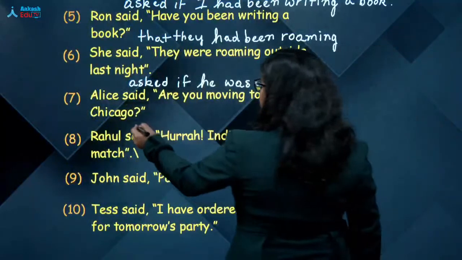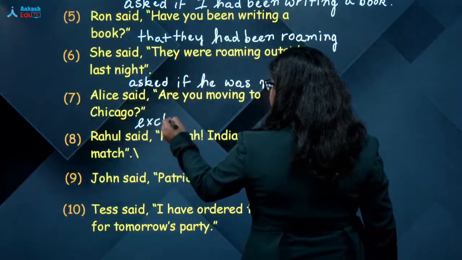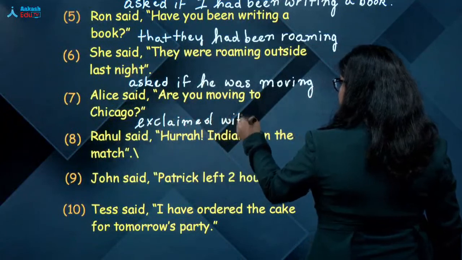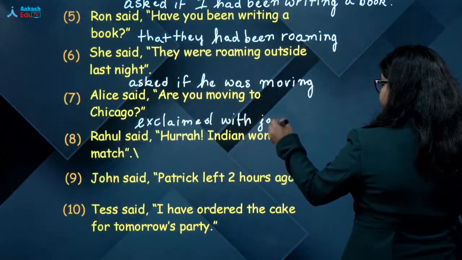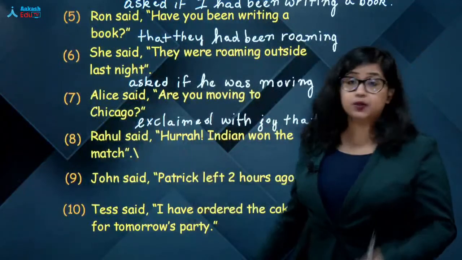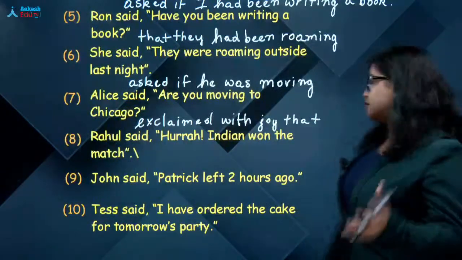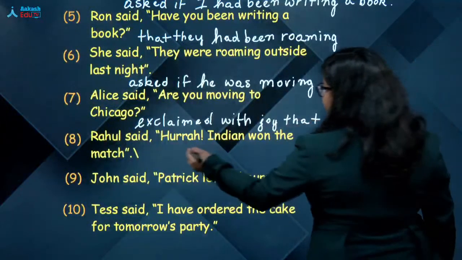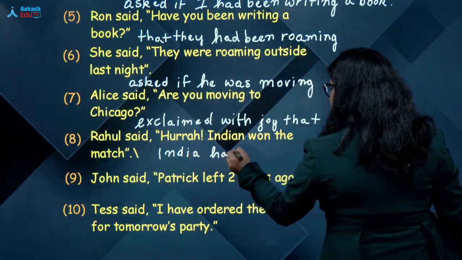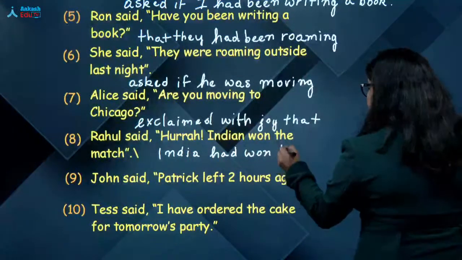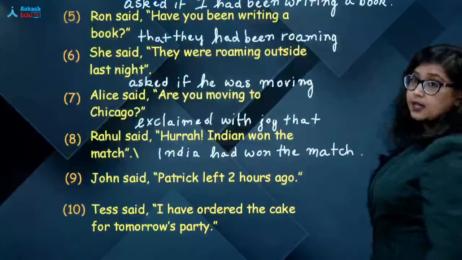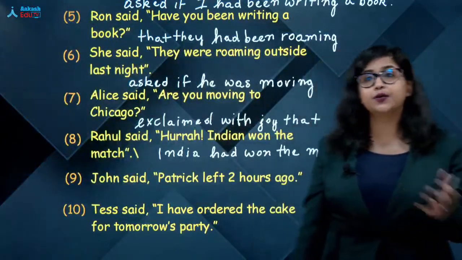So, Rahul exclaimed with joy that India won the match. So, won is past tense, past changes to past perfect tense. So, exclaimed with joy that India had won the match. Alright. Come on, these last two sentences, go ahead, do it as your homework.